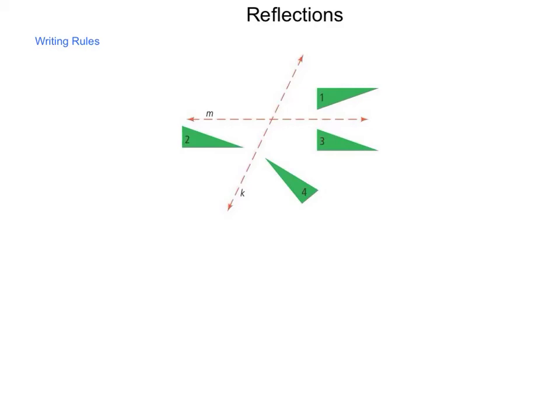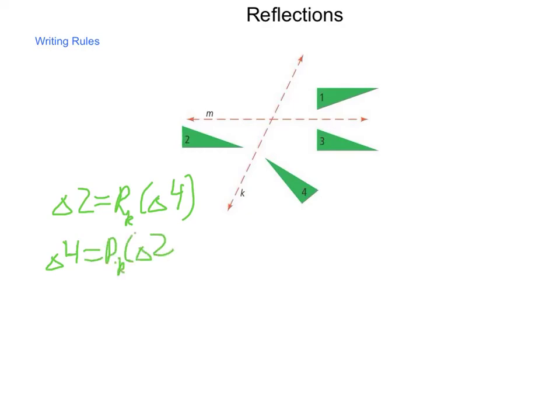Now when we look at 2 and 4, we can see that all points are equidistant from line K. So we can say that triangle 2 equals the reflection across line K of triangle 4. And using a little bit of properties of symmetry, we could also say that triangle 4 equals the reflection across K of triangle 2.